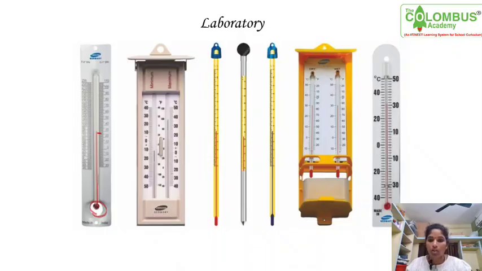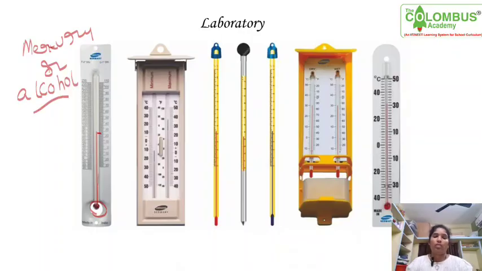In all these, they use mercury or alcohol to measure. These are the different types of laboratory thermometers that are used to measure boiling point and freezing point.